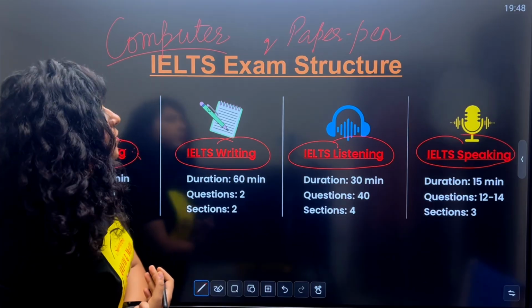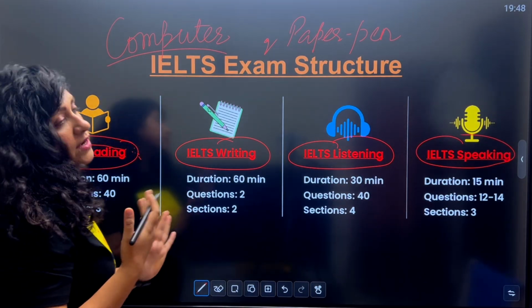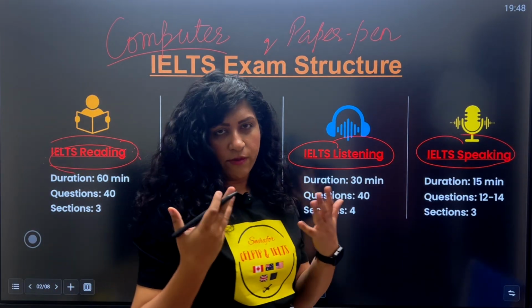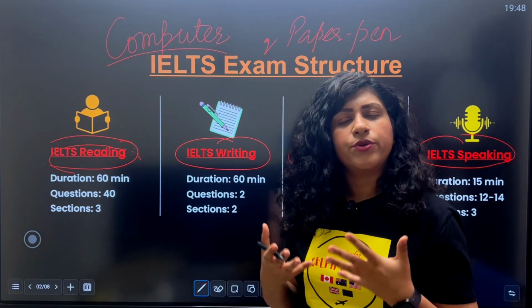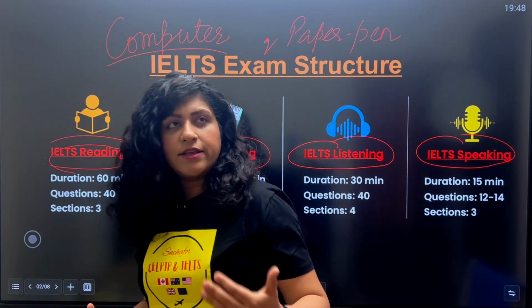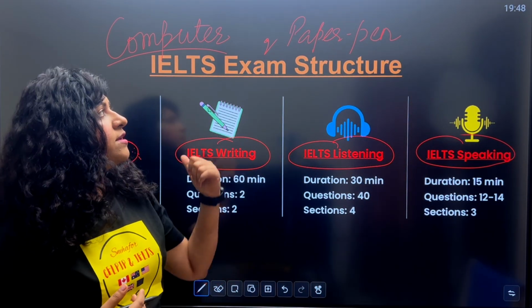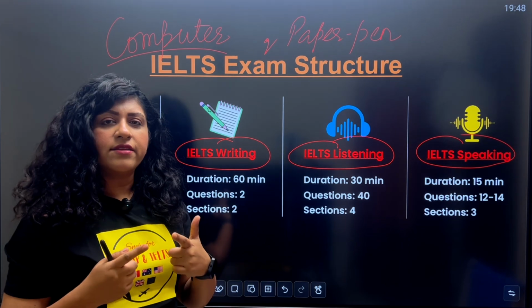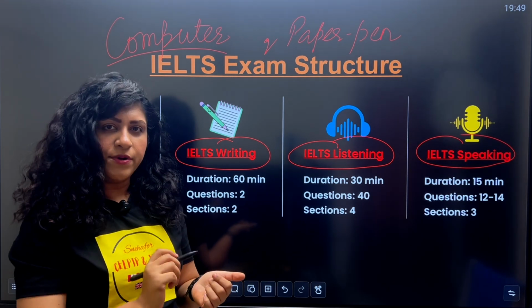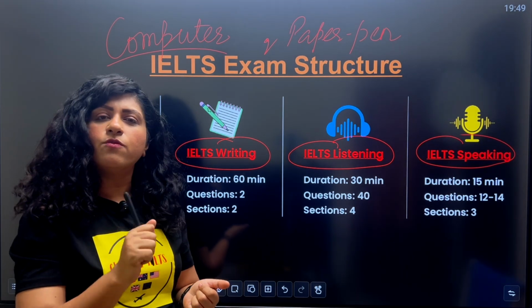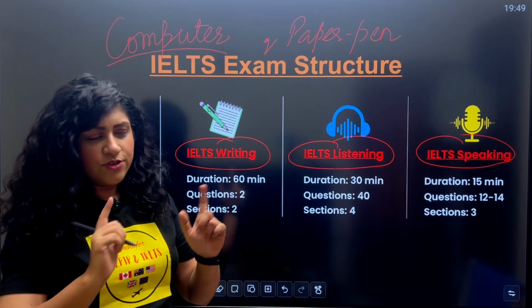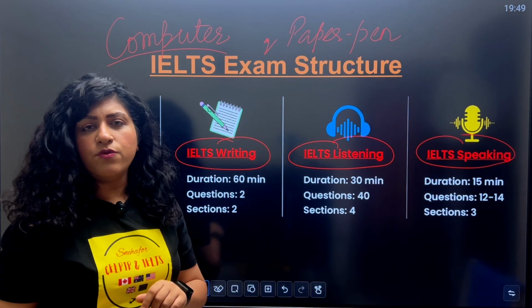In computer-based examination, the name itself suggests that you will be taking this examination on a computer, on a system. On the other hand, in paper pen based mode, this examination is conducted on paper and you will be using a pen to mark your answers. So that's the basic difference between the 2 modes.